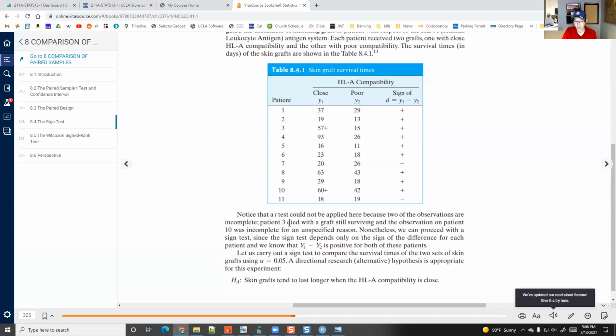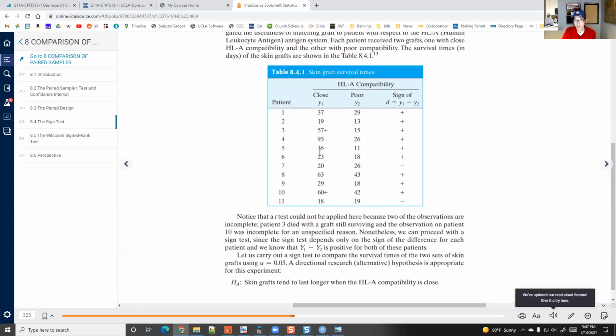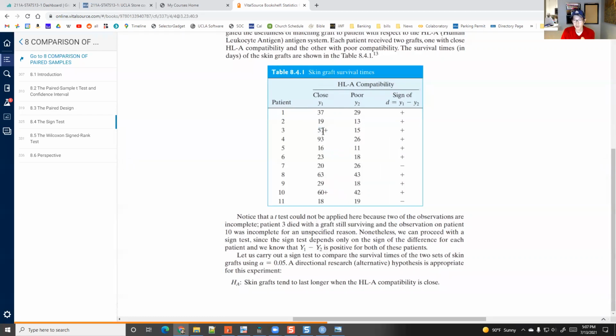Patient 3 had died with a graft still surviving, so we didn't actually get the true value here. In some cases it got rejected and we recorded the number 93, but here the number is 57, which is the time that we had measured. Unfortunately this patient had died, so we didn't get the real number. It was going to be more than this.